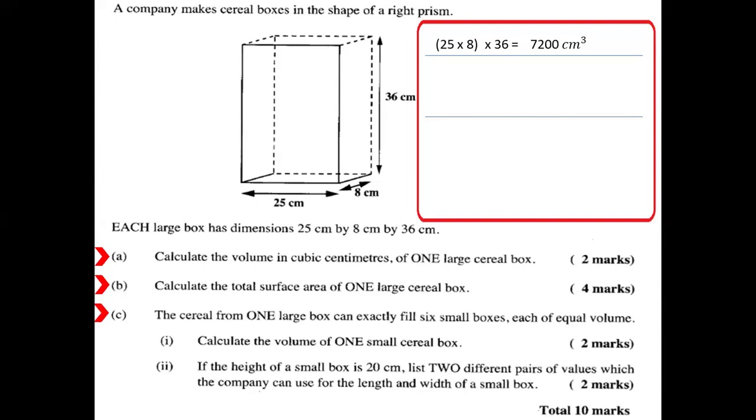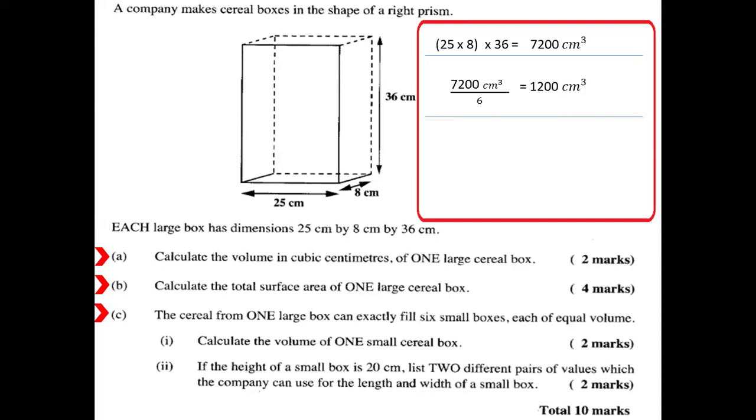And we are saying now that for the small box, 7,200 centimeters cubed can fill 6 small boxes. So 1,200 centimeters cubed is the volume for one of the small boxes. And then we have the others.